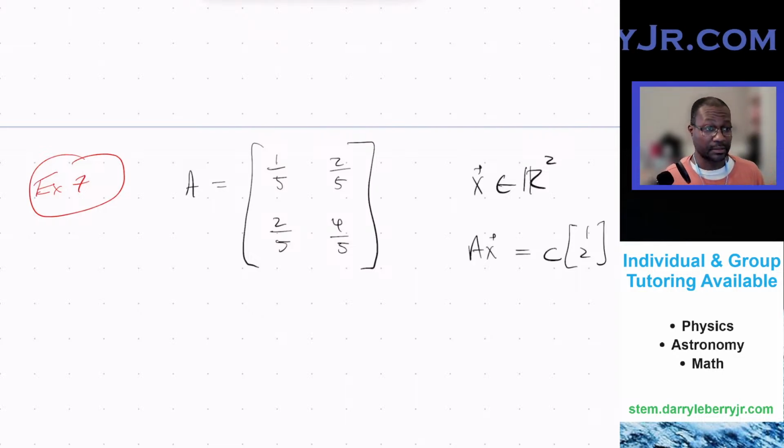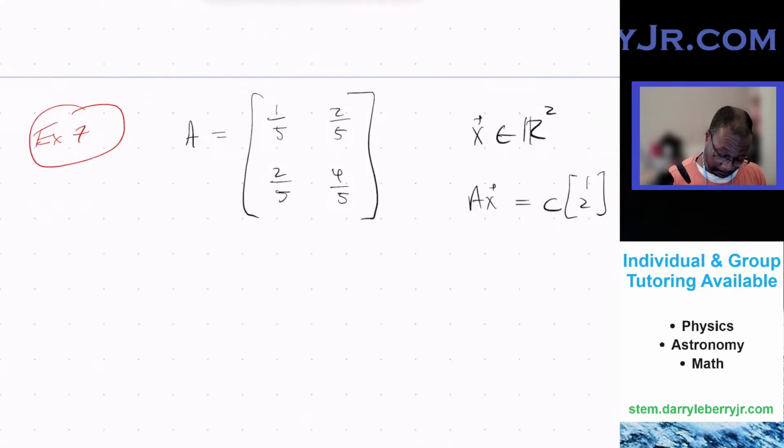Let's take a look at this. For every x in R2, A times x is a scalar multiple of the vector 1, 2. All right, let's test that.